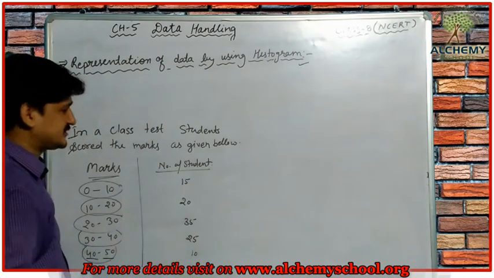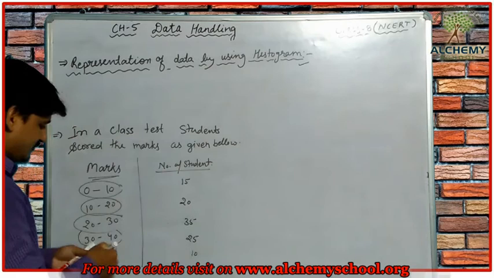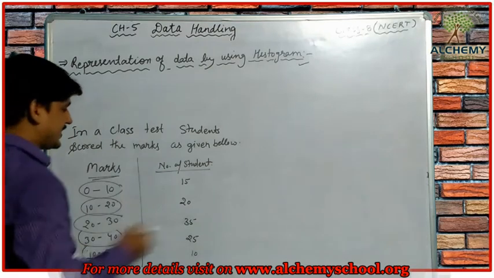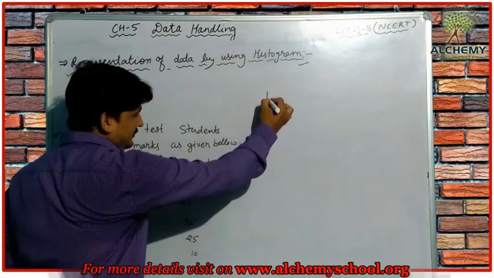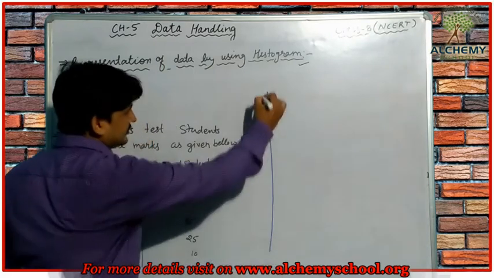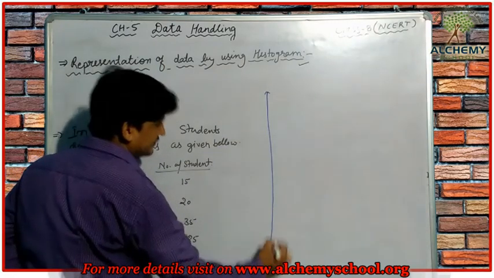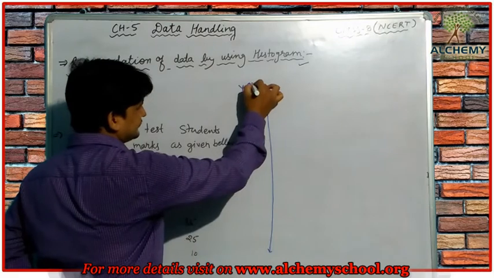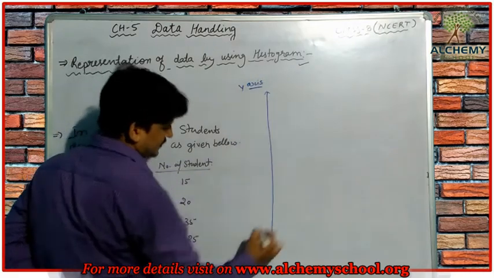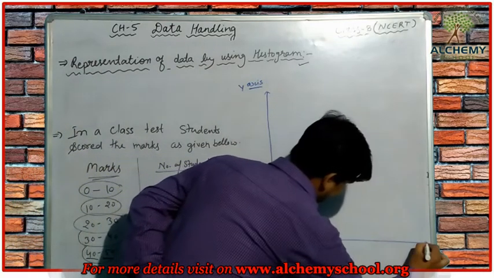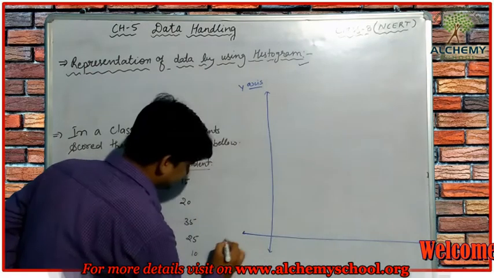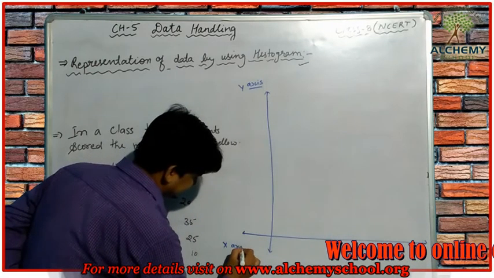The same way we have to use the graph paper here. On graph paper, first of all we will make a vertical line, it is represented by y-axis. A horizontal line, it is represented by x-axis.